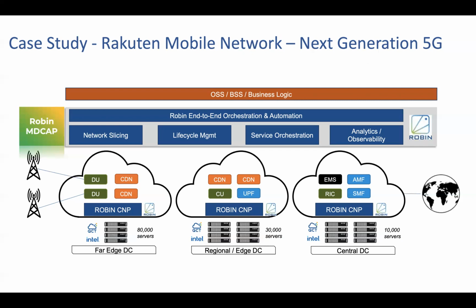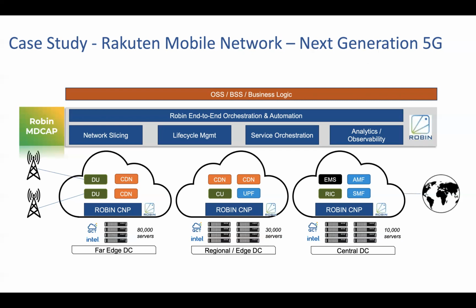And then depending on the size and location of the cluster, we can scale from a single server cluster to 100 to 200 server clusters, depending on what the customer would like. In this example, some of the DUs are very small clusters, the edge clusters have a minimal number of servers, and the core clusters have hundreds of servers.